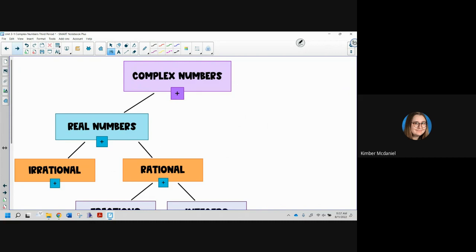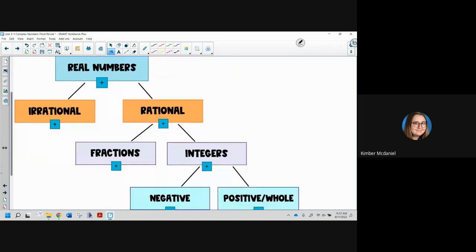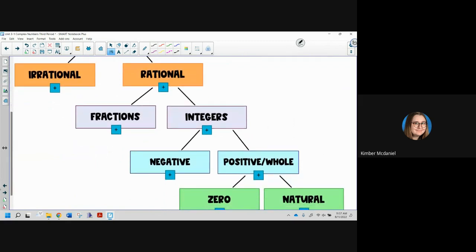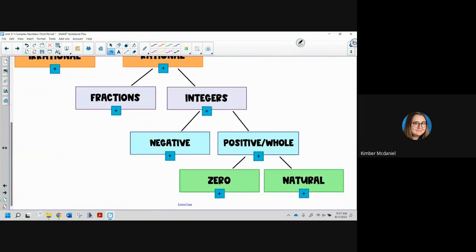From complex numbers, we have what are called real numbers. Real numbers break up into two categories of irrational and rational. Rational numbers break up into fractions and integers. Integers break up into negative and positive or whole numbers. And then lastly, positive and whole numbers break up into zero and natural. And up until this point, that is all you've known.